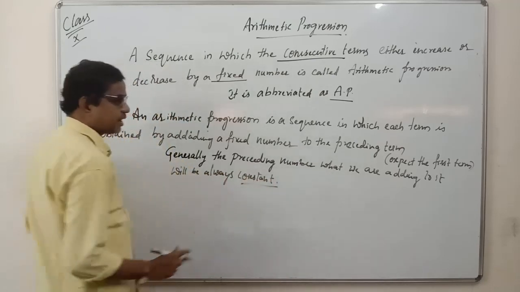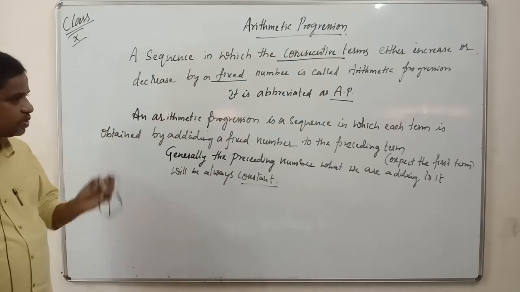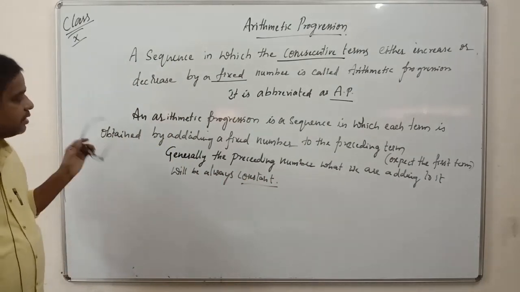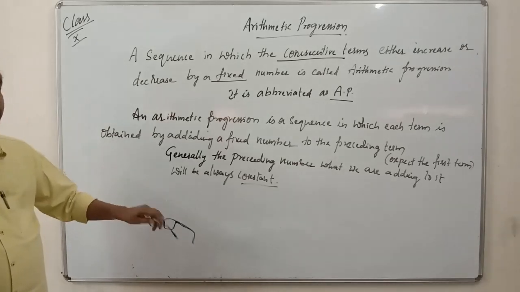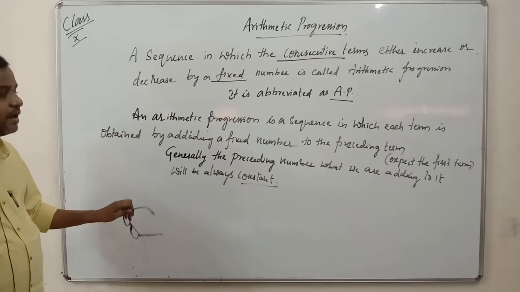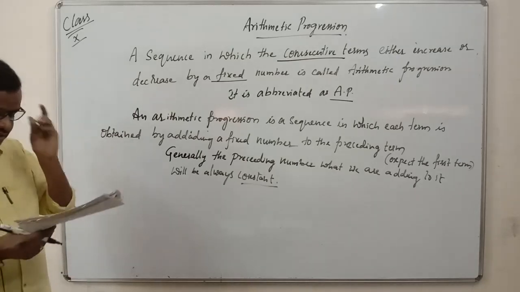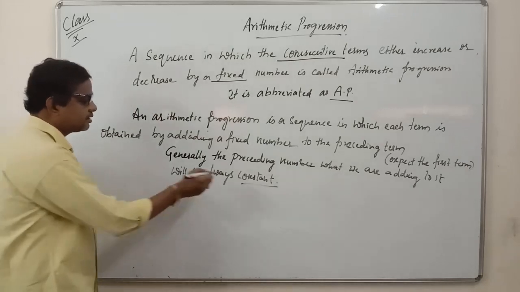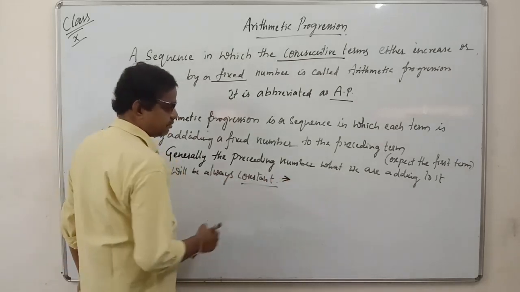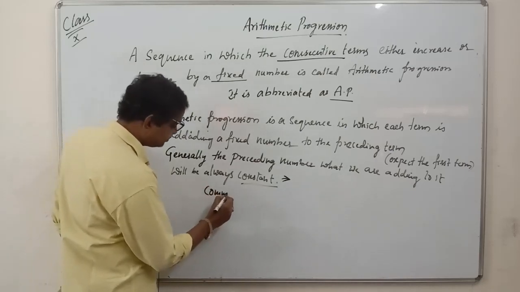The number which you are adding to the preceding number, whatever the number it may be, 1, 2, 3, whatever, will always be a constant. So the number will always be constant, and what is this constant number? This constant number is called the common difference.